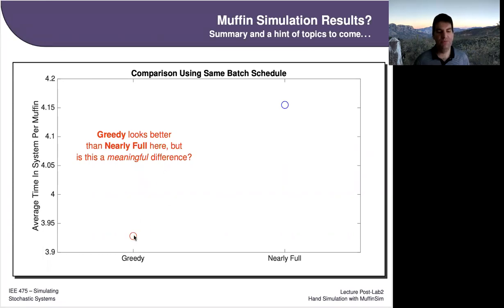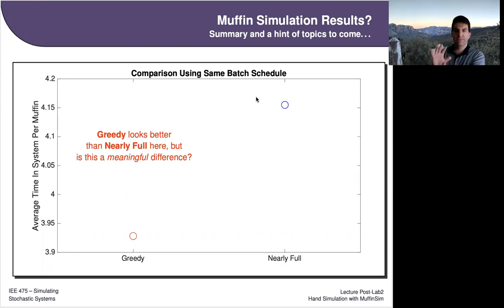To me, I would view these outputs as a single sample. I took a sample, and I took 2 measurements of that sample, a greedy measurement and a nearly full measurement. What I mean by that is for this single muffin schedule, I measured it 2 ways. If I shove this muffin schedule through a greedy system, I would get this performance.